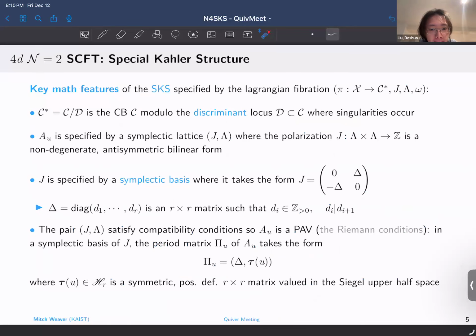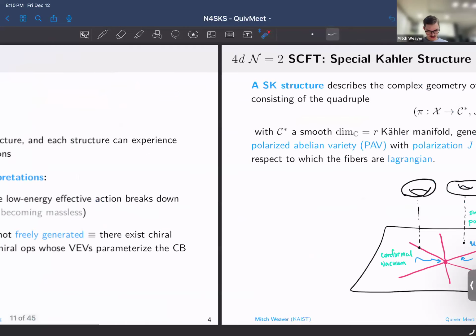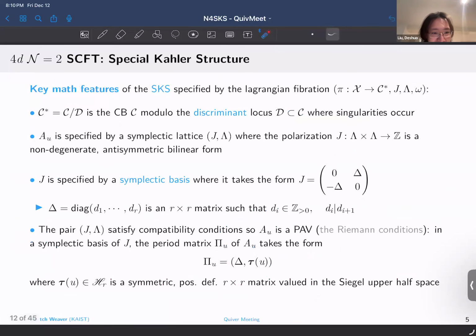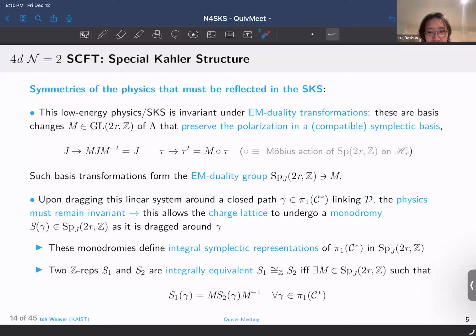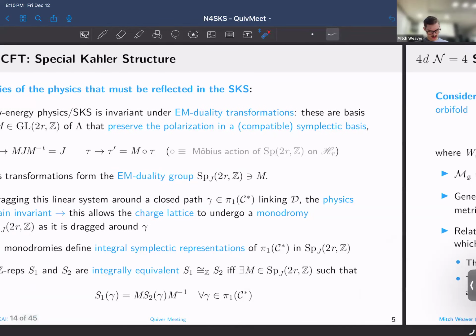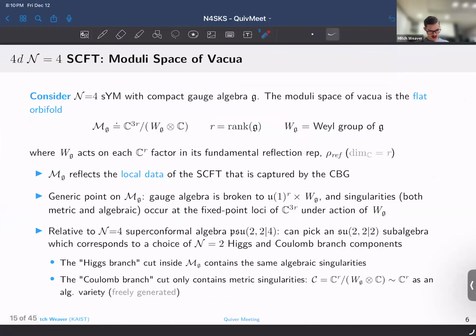So S here, where is this? Oh no, it should be later. Let me check. Yeah, this is where S is initially defined, and then you have a map of S sending the Weyl group into Sp(2r,Z).